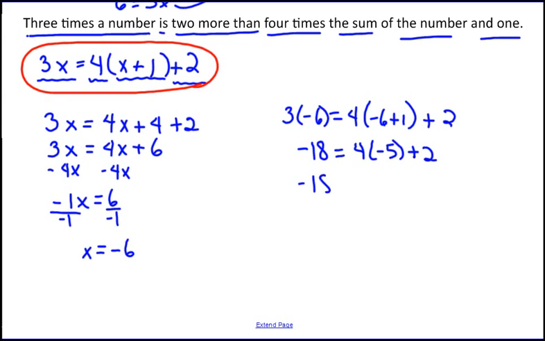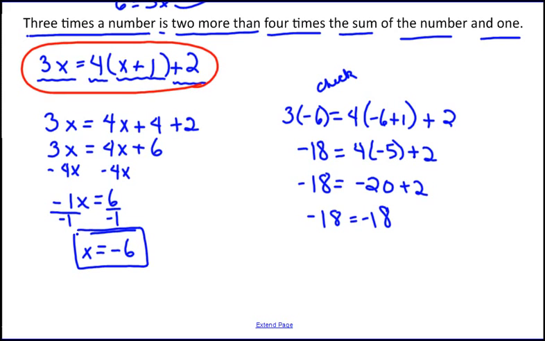So, does negative 18 equal negative 20 plus 2? Yes, indeed, it does. So this was the check. This was the actual result. But what was asked for originally was what is highlighted with the red, which is the algebra statement, algebra equation for all of those words.